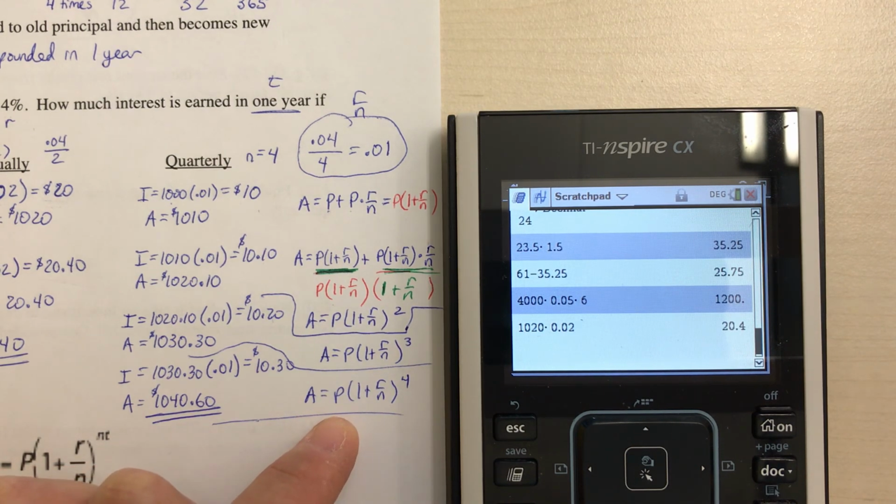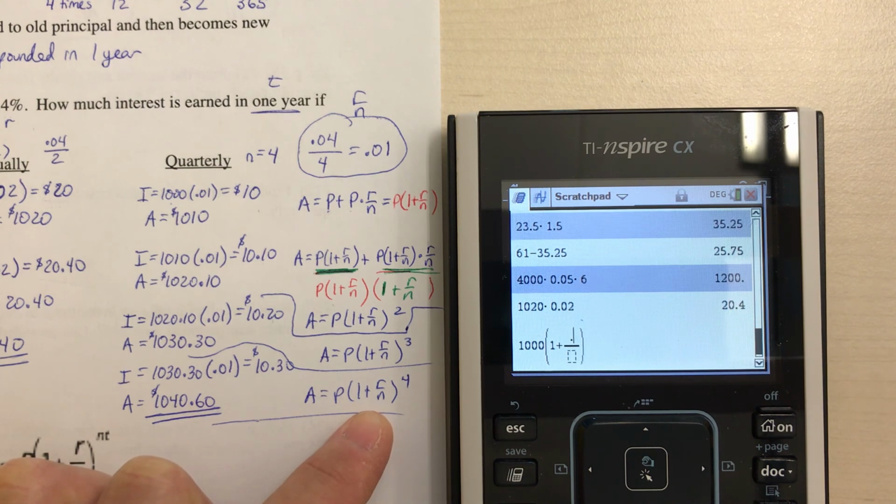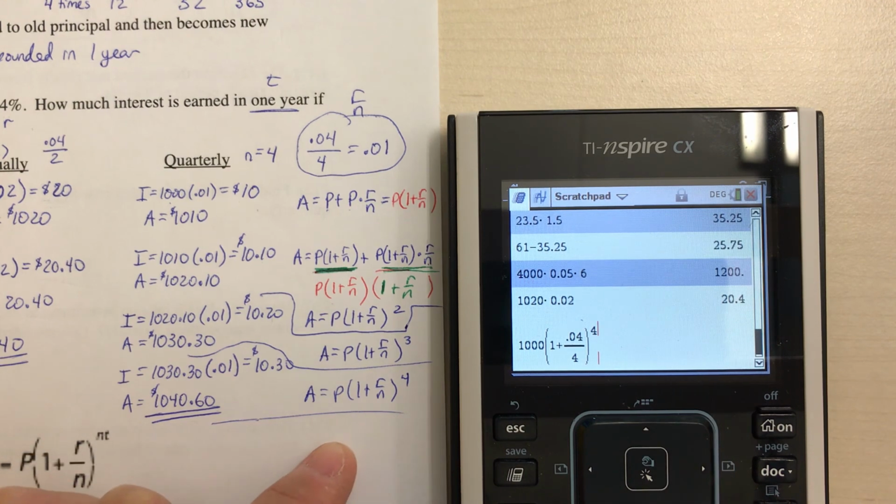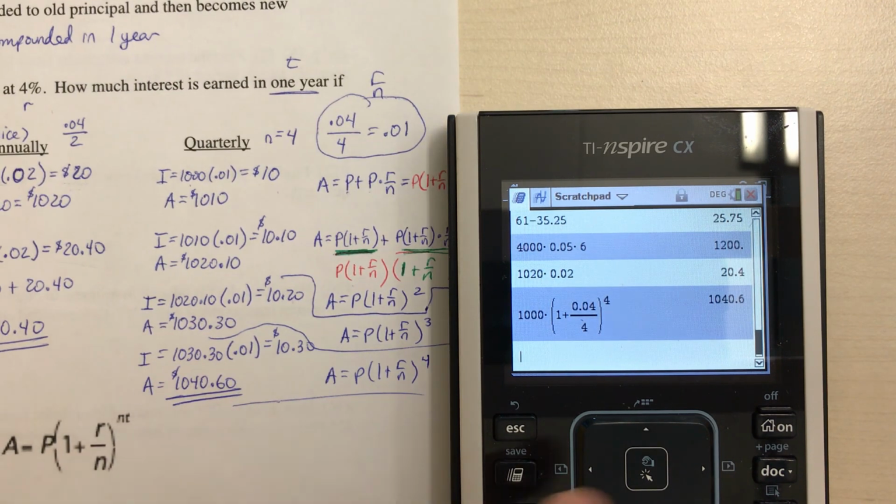Now P was the original principal, which was 1,000, times 1 plus r, the rate is 0.04, but remember, I'm dividing that into four pay periods, and then if I raise that to the fourth power, we get 1,040.6, and that is the end of part 1.